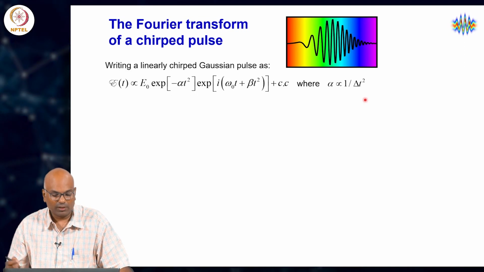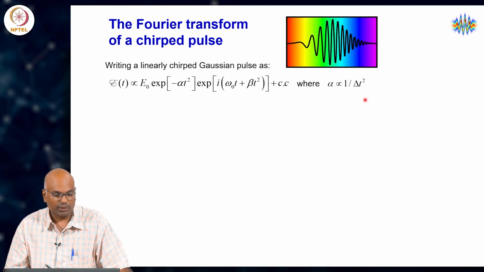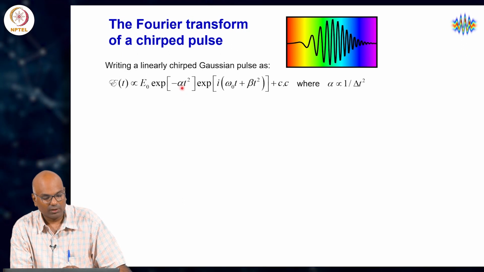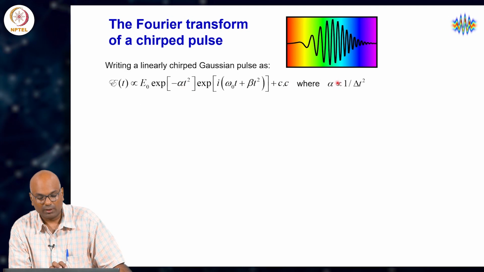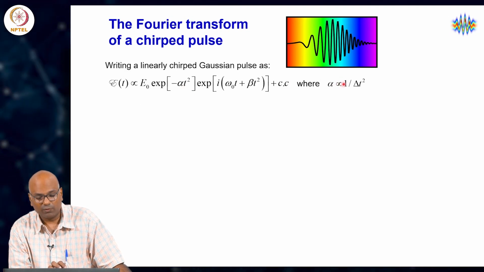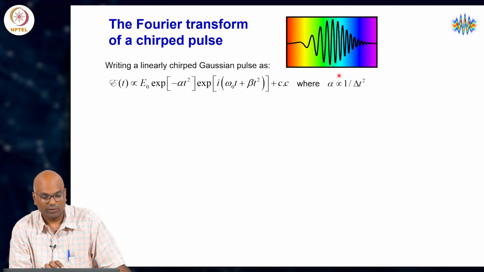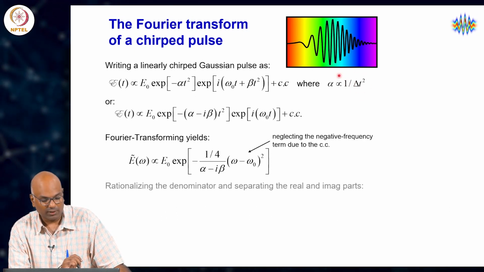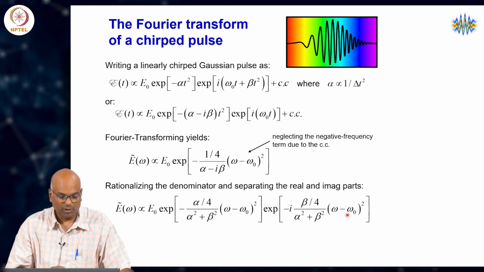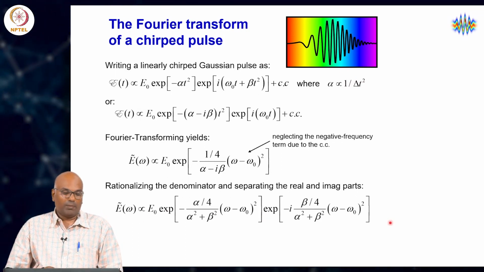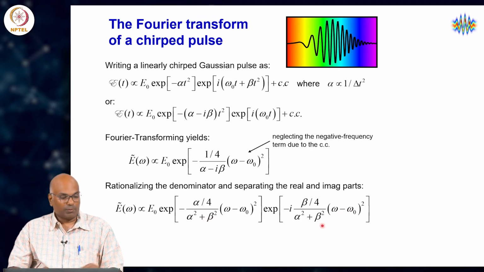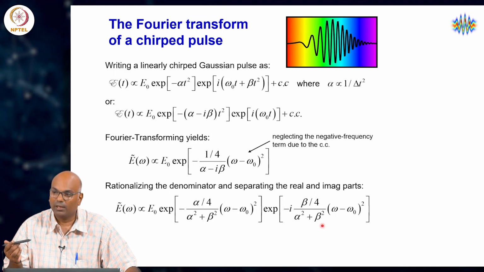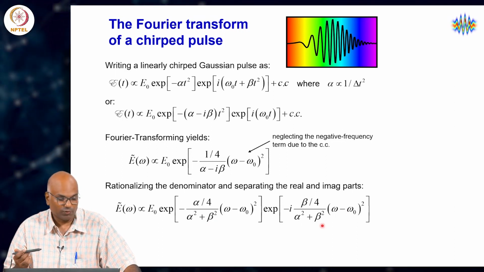We also considered an example of Fourier transforming a chirped pulse, where the amplitude function is exponential of minus alpha t square, where the square root of alpha is inversely proportional to a measure of the width of the pulse. We Fourier transformed this and obtained expressions for the spectral amplitude and the spectral phase of this pulse, and we deduced the group delay for this Gaussian pulse and so on.